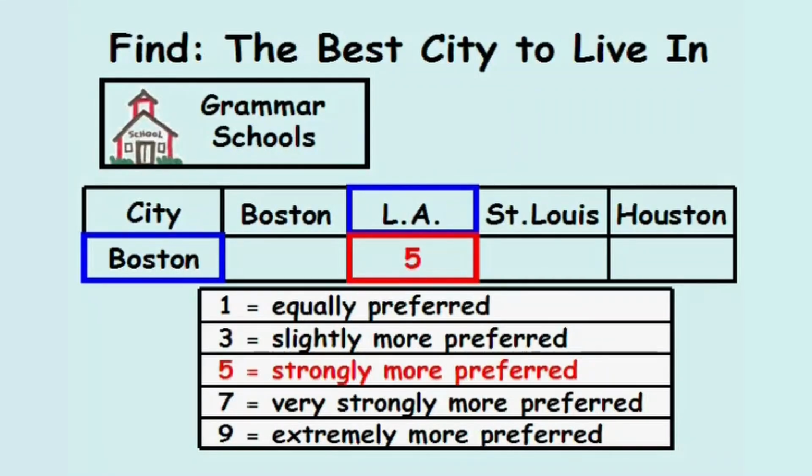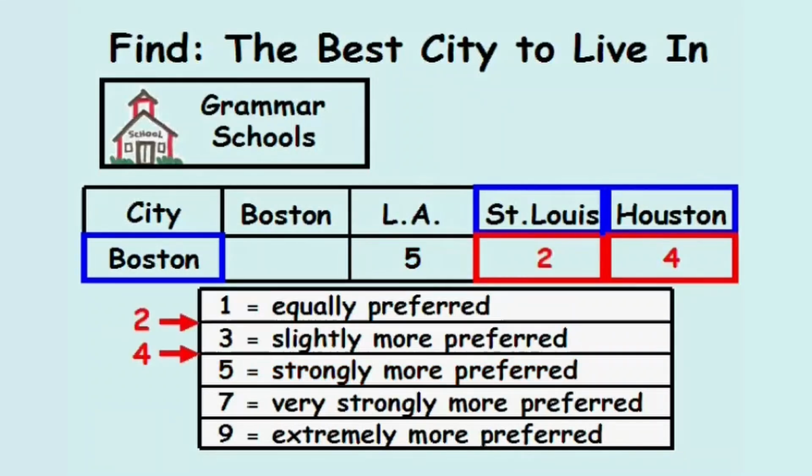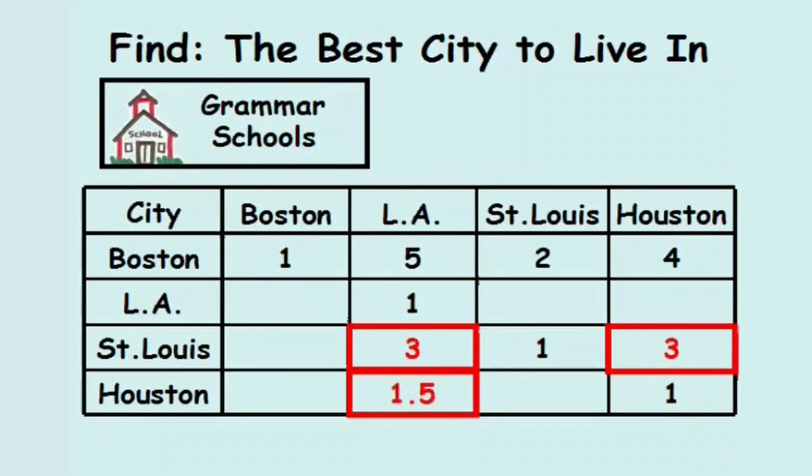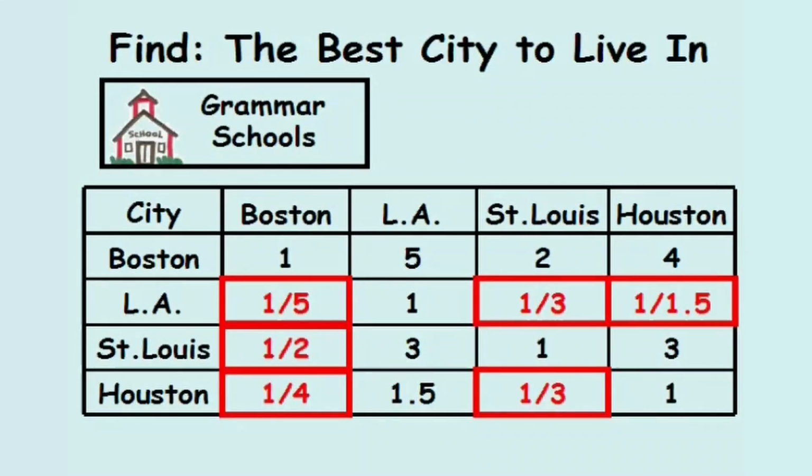The grammar schools in Boston may also be preferred over grammar schools in St. Louis and Houston, to varying degrees. Each city compared with itself is equal, and a value of 1 is entered. The remaining preferences are filled in, and the reciprocals are calculated.